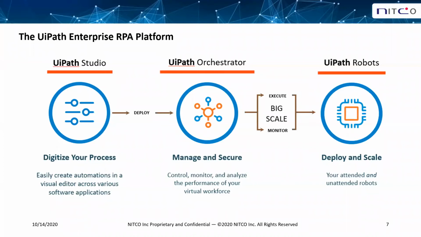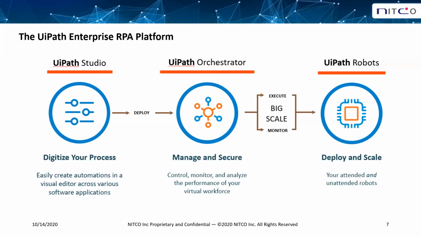To get started with the components of UiPath, there are three main components: UiPath Studio, UiPath Orchestrator, and the robots. UiPath Studio is the one which a developer uses for designing and modeling their workflows, debugging, and enhancing whatever automation has been identified.